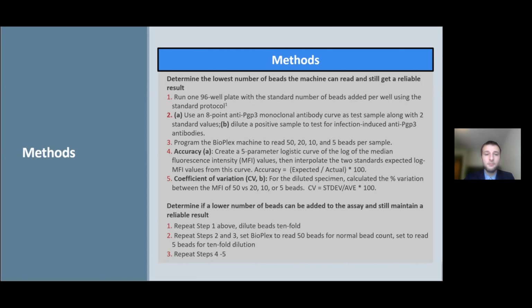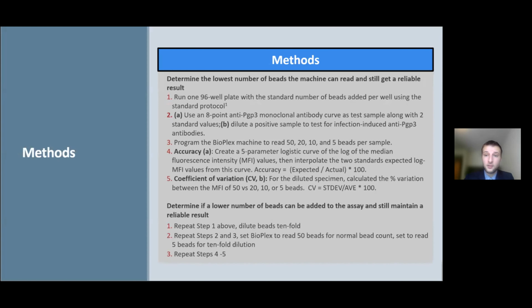For part A, we used an 8-point anti-PGP3 monoclonal antibody curve as test sample along with two standard values. For part B, we diluted a positive sample to test for infection-induced anti-PGP3 antibodies. Next, we programmed the bioplex machine to read 50, 20, 10, and 5 beads per sample.